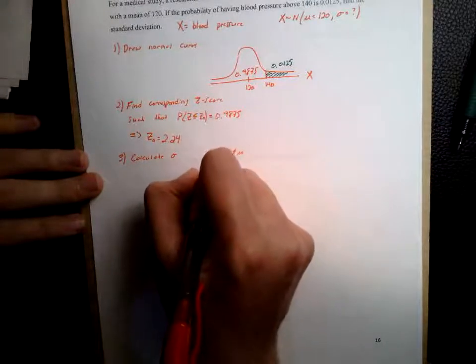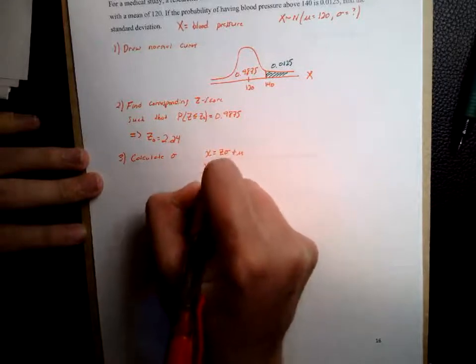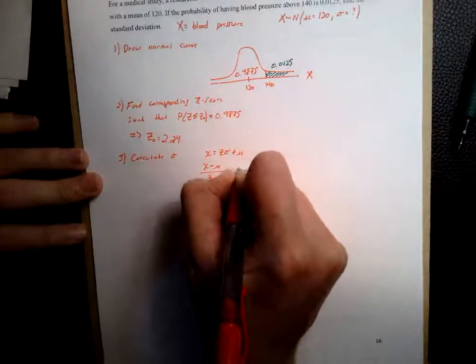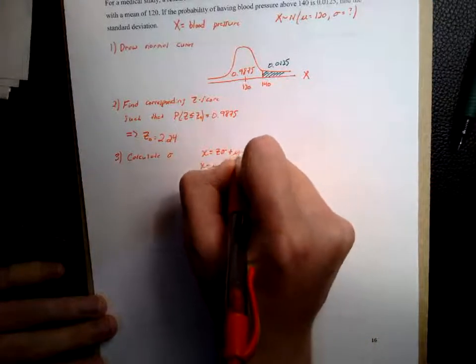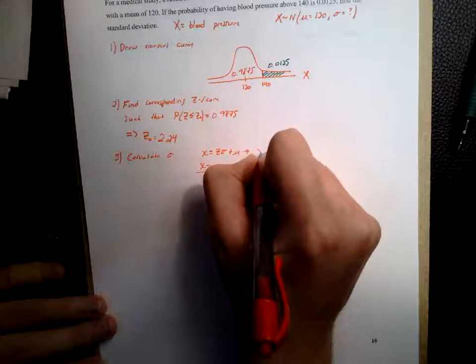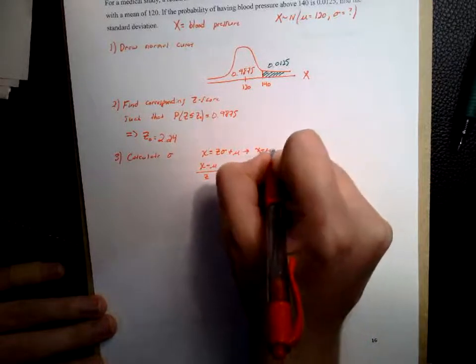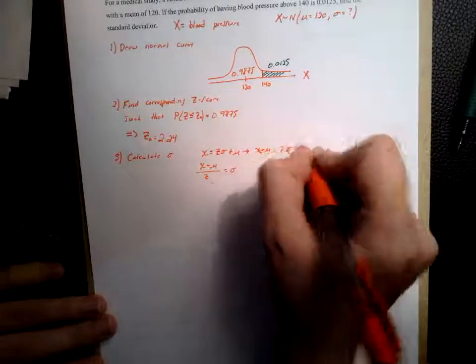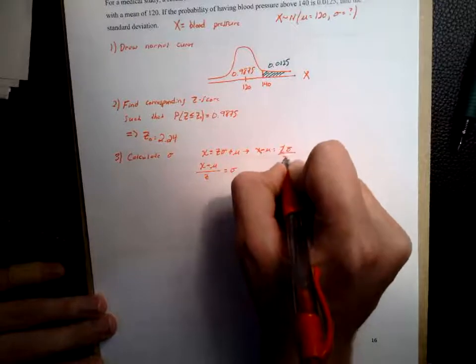If we do that, we have x minus mu over z equals sigma. How did I get that? The first step, subtract the mu over, and you have x minus mu equals z sigma. And I want to solve for sigma, so just divide both sides by z.